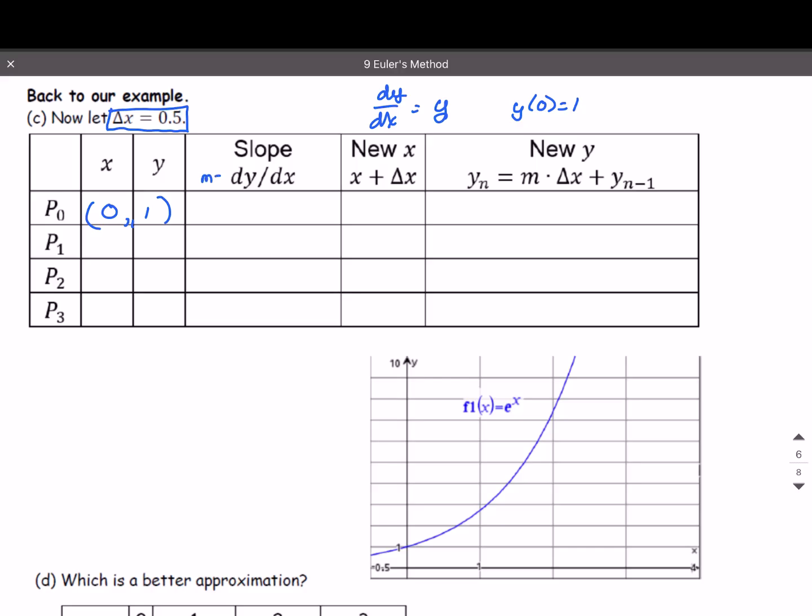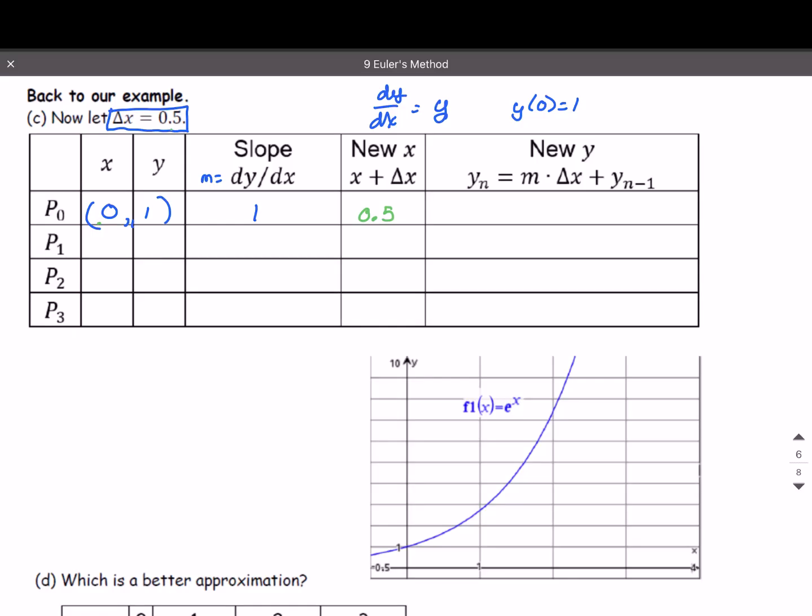So my slope here is dy dx evaluated at that point. So it's just the y value 1. My new x is my old x 0 plus my delta x 0.5, so I'm going to get 0.5. Now we want to find our y value.